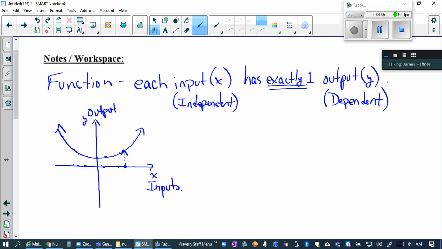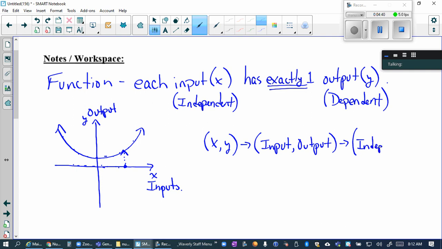And any x value, as I move left and right on that x-axis, whichever one you pick has only one output value of y. And this parabola is a collection of x comma y's, otherwise known as input comma output, or you could call it independent comma dependent. They all refer to the same thing, x's and y's.